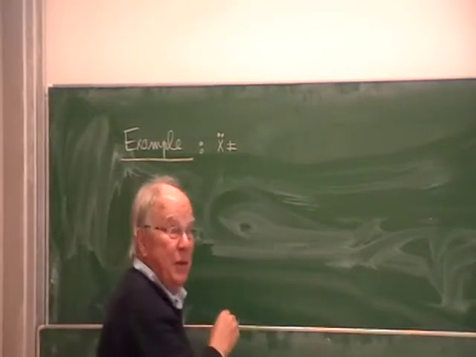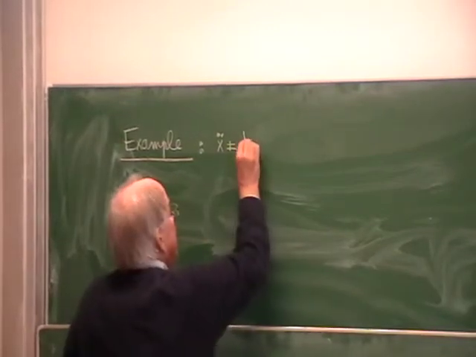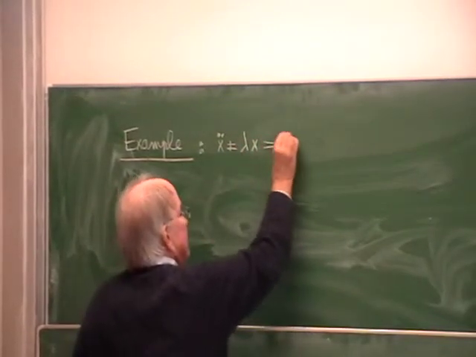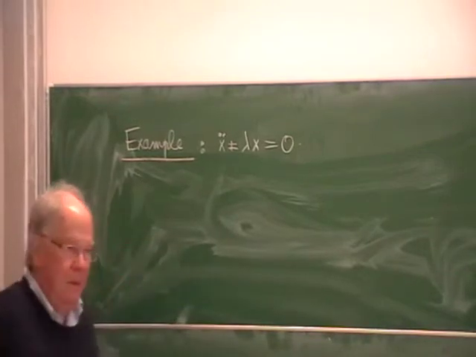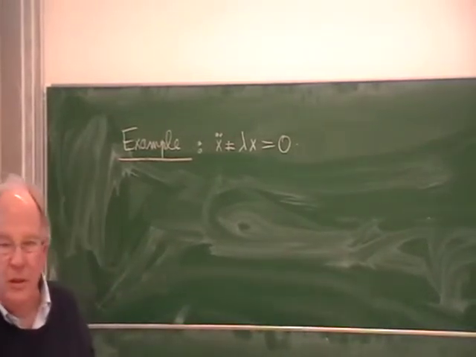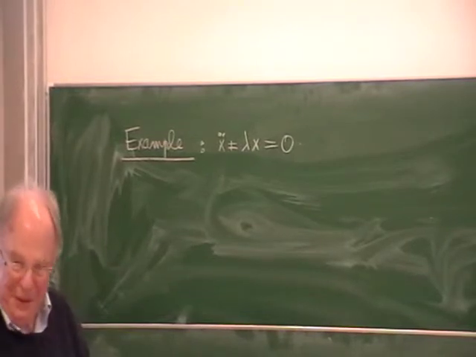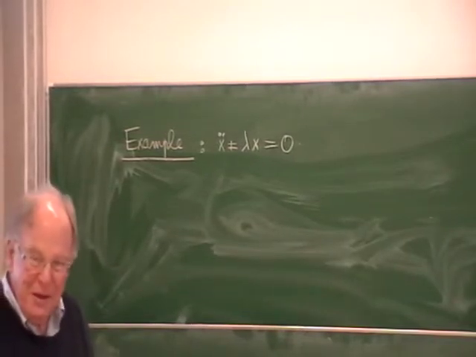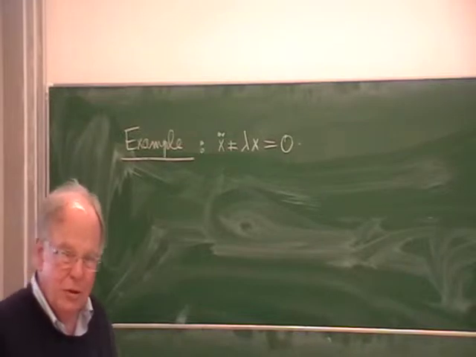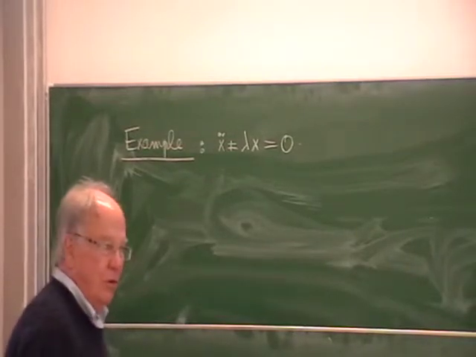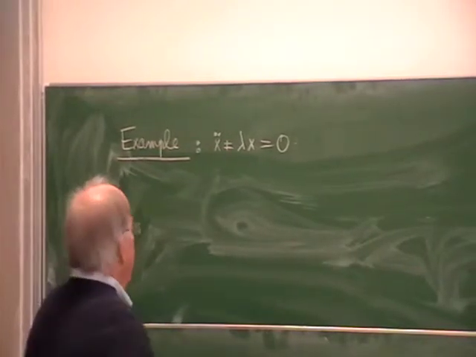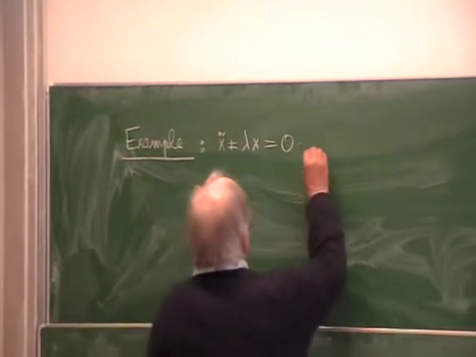It's very interesting because the sign starts to matter. This is my favorite first example of a second order ODE that you learn in high school, and you also learn how to handle it.